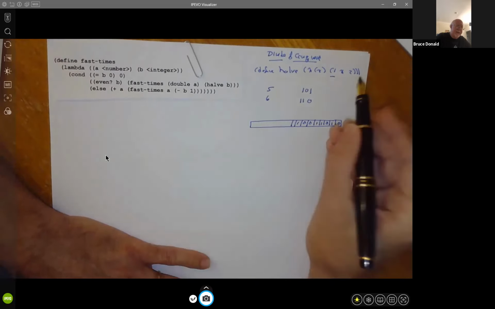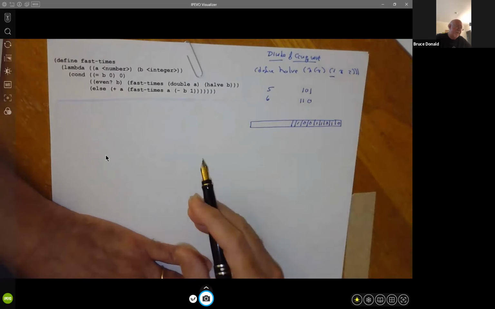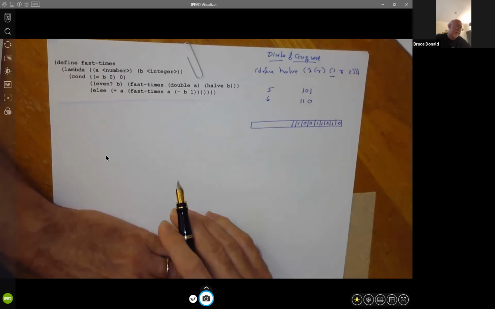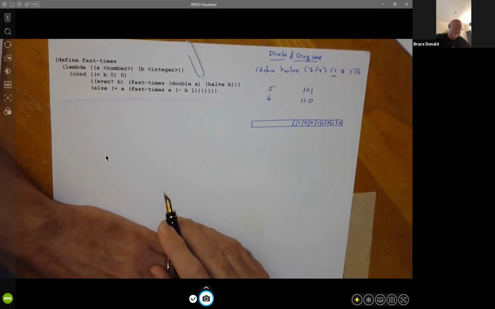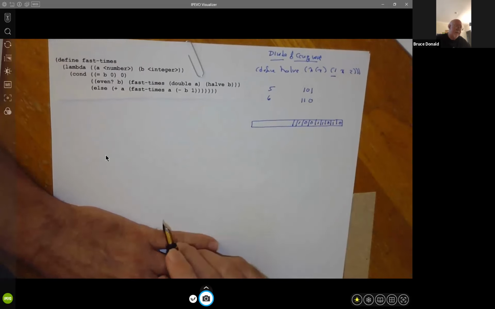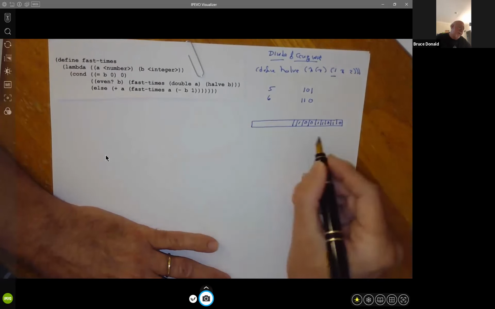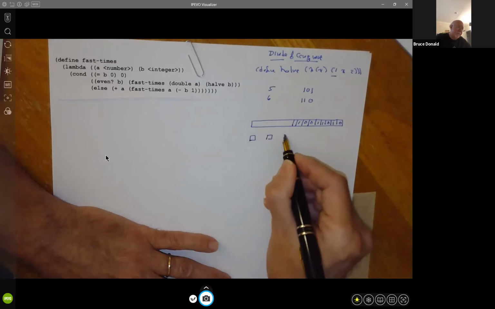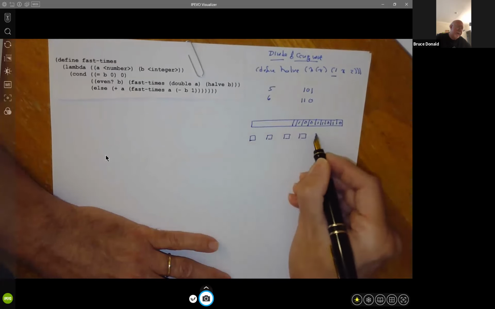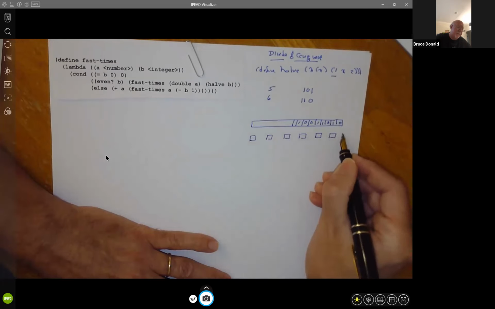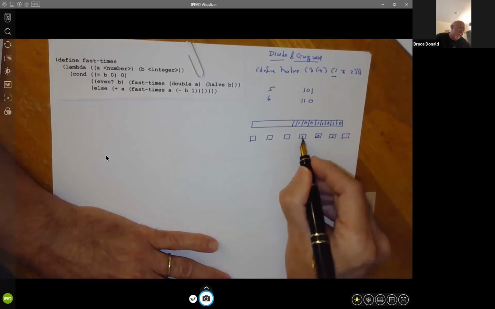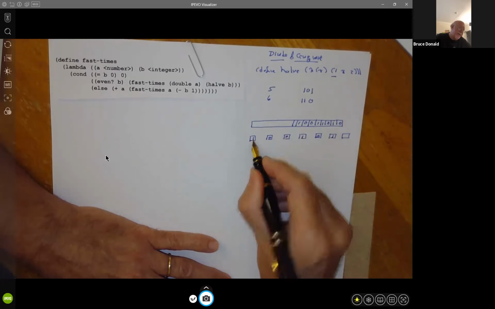And of course, I could always appeal to the fact that I'm calling a primitive operation. But to convince you this is reasonable, even in a hardware sense, there's a way to do this in constant time, even in reality. And the way that we do that is we put the bits together like this, separate them by a little bit of logic. And what I'm going to do is I'm going to put my 1, 0, 1, 0, 0, 1 like that.